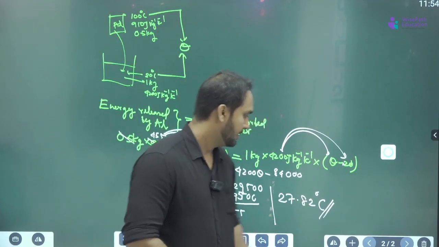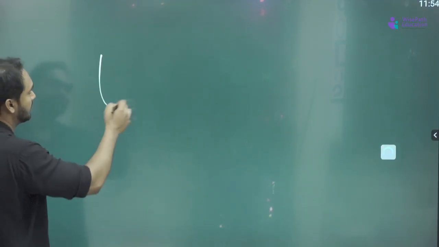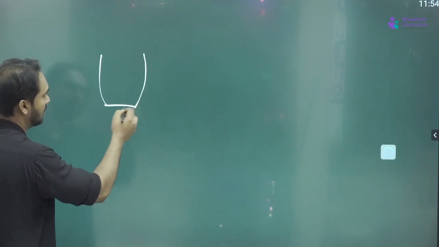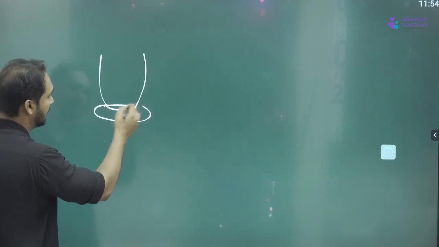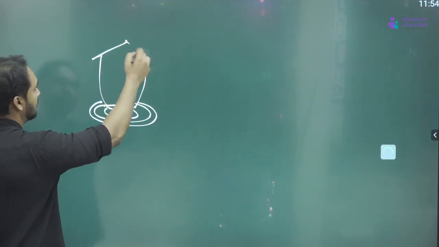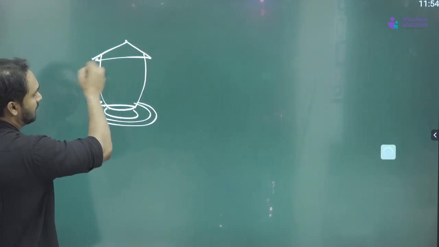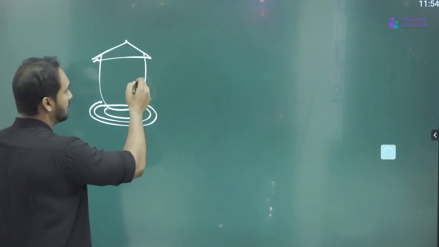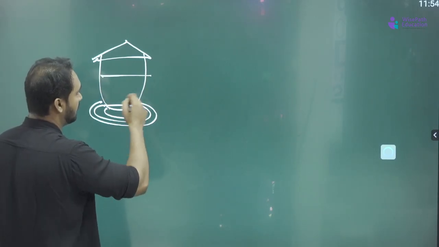So let's say, as the question says, now there's a kettle, right, and there's a coil, a heater, right? Now the water is inside there.